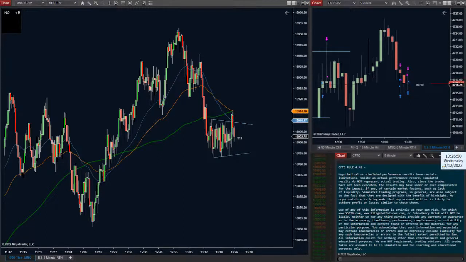This thing's starting to look pretty mean. Oof. All right, well, the seller's certainly not getting the follow-through that they were looking for there. They had a halfway decent initial move, enough for a scalp, but then kind of fell flat on its face.